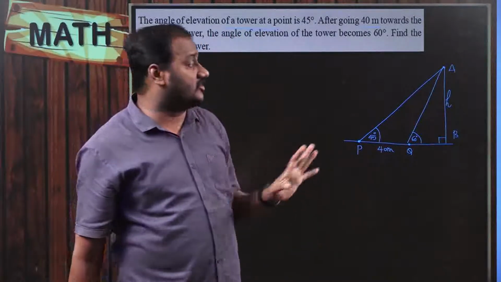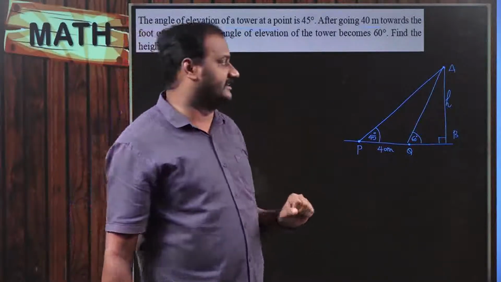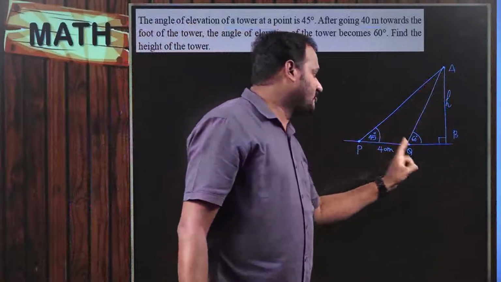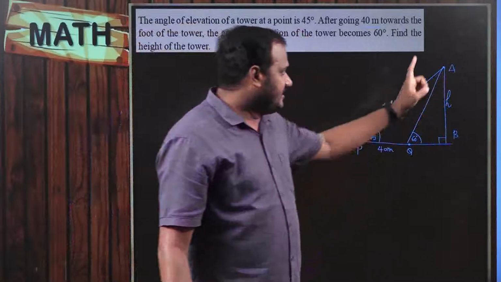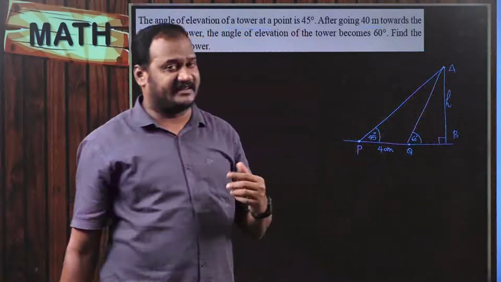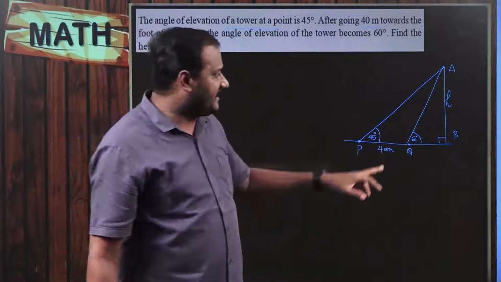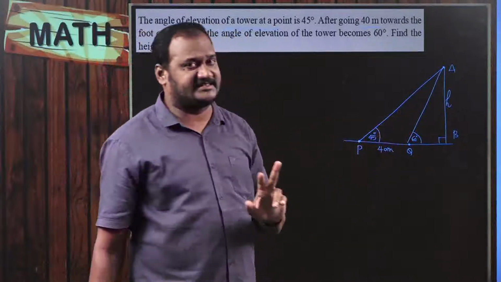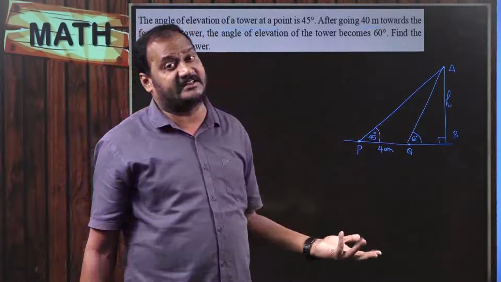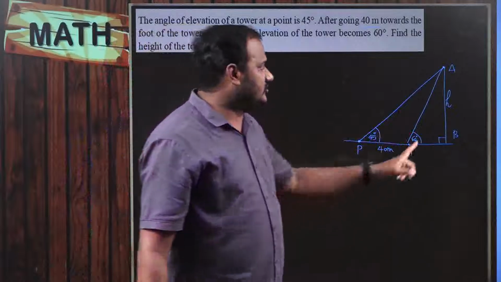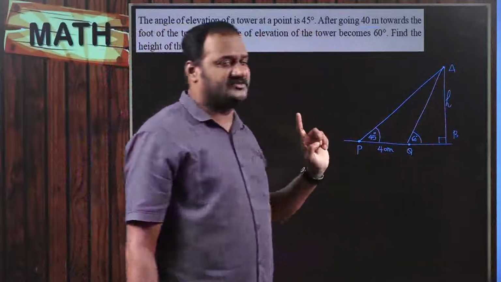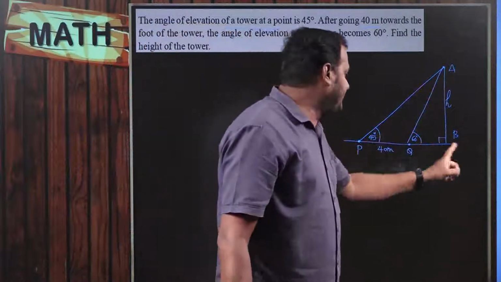So how many right angle triangles are there in our figure? ABQ is one right angle triangle. ABP is another right angle triangle. But you cannot consider only this triangle as a right angle triangle because there is no right angle. Got it? So ABP is one right angle triangle, ABQ is another.